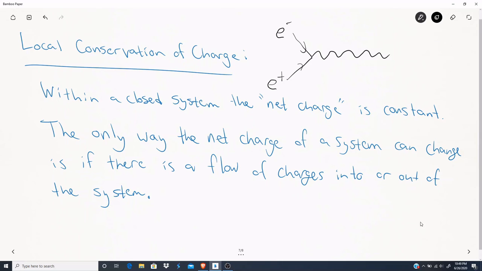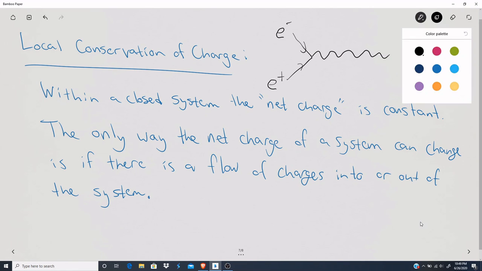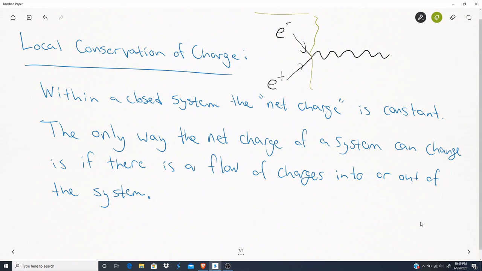but the net charge still did not change, because before the interaction, the net charge was 0, because we had a unit of negative charge and a unit of positive charge, which adds up to 0. After the interaction, the net charge is still 0, because the photon doesn't have any charge.